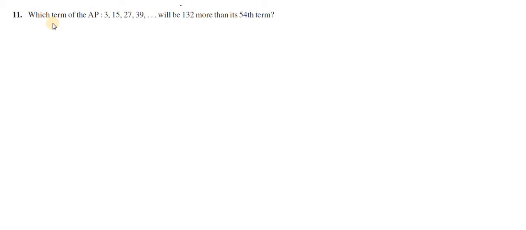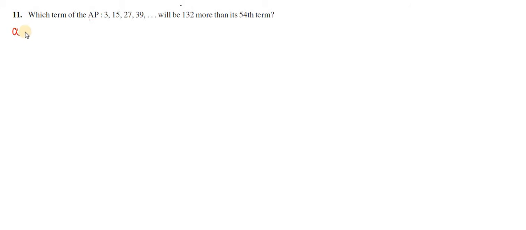Now here, which term of the AP 3, 15, 27, 39 will be 132 more than its 54th term? Now what we should do is convert this to the mathematical form. Once you convert to the mathematical form, it is very easy for us to simplify this. First write what is given.